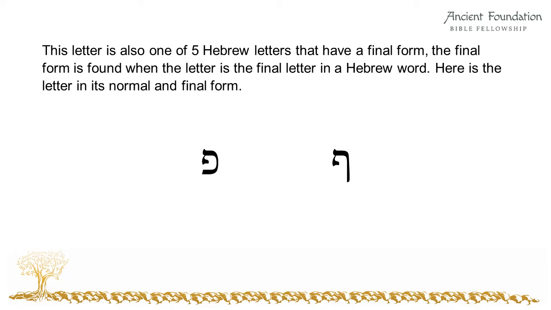The final form is found when the letter is the final letter in a Hebrew word. So here is the letter in its normal form and final form. On the left we have the letter pay in its normal form, and on the right this is what the letter pay looks like when it's the last letter in a Hebrew word.